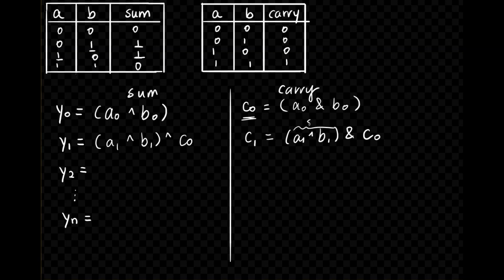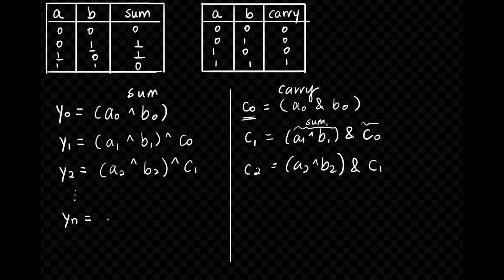So this here represents the sum, and this represents the previous carry, and we're just checking if we have two ones. That would force our current carry to also be high. You should see a pattern starting to emerge, so this would be a2 XOR b2 XOR c1. c2 is a2 XOR b2 and c1.